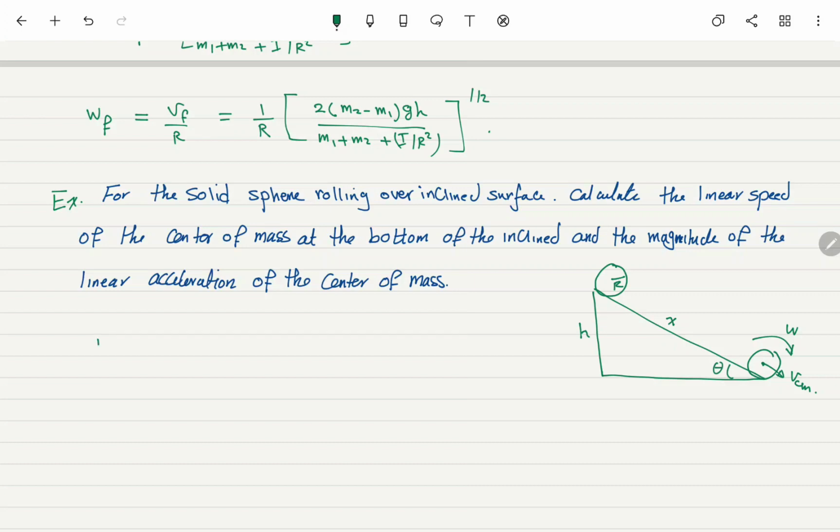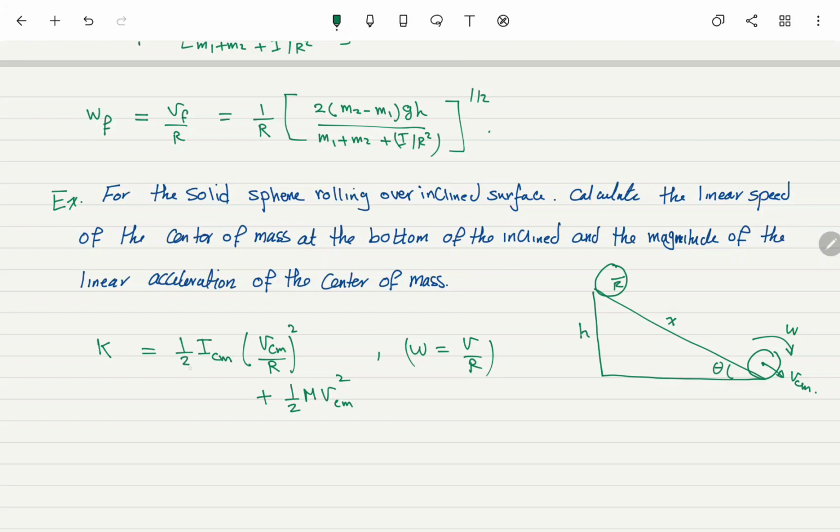Now the kinetic energy, it's actually rotational kinetic energy, it's equal to half I center of mass times v center of mass over r square. Remember, omega equal to v over r, plus half m v center of mass square. The ball here is actually having two kinds of kinetic energies: rotational kinetic energy and translational kinetic energy.